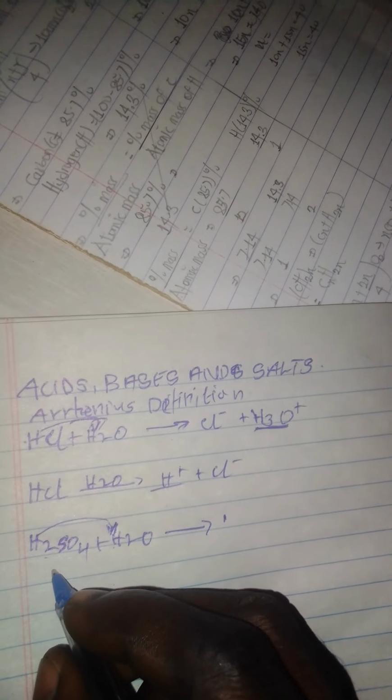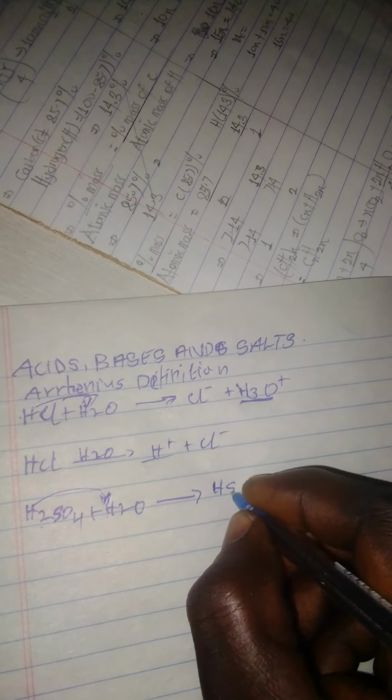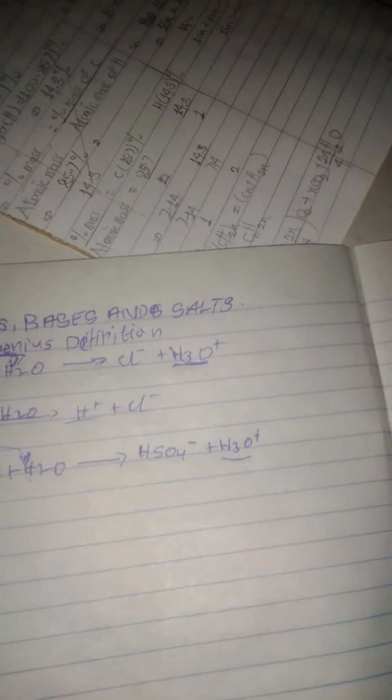We get HSO4 minus plus H3O plus, the hydronium ion. It means H2SO4 is also an acid.